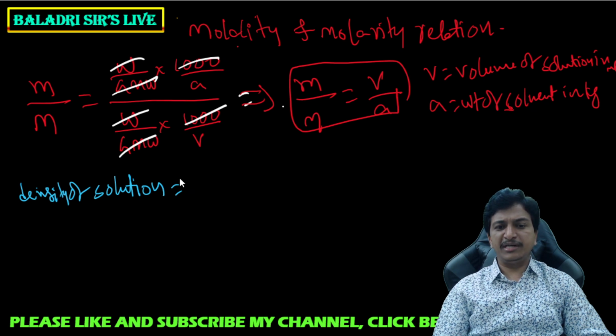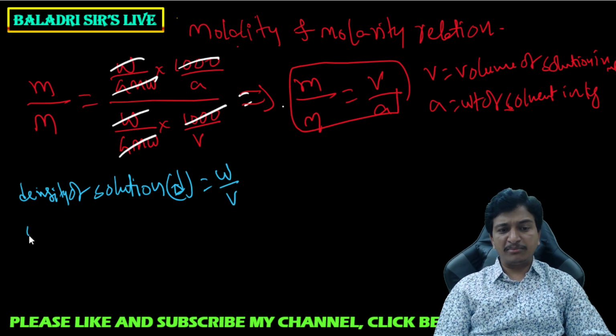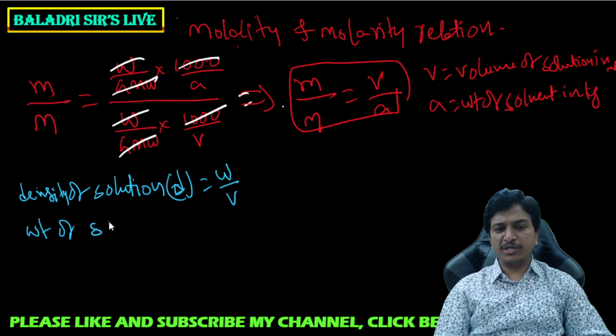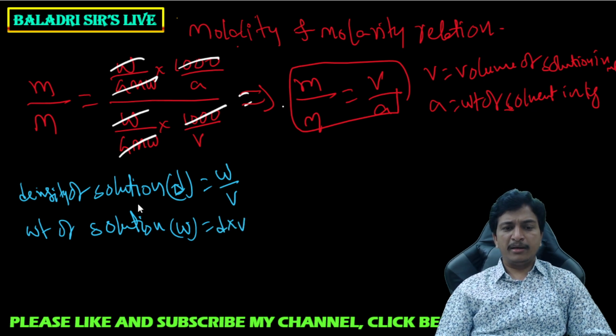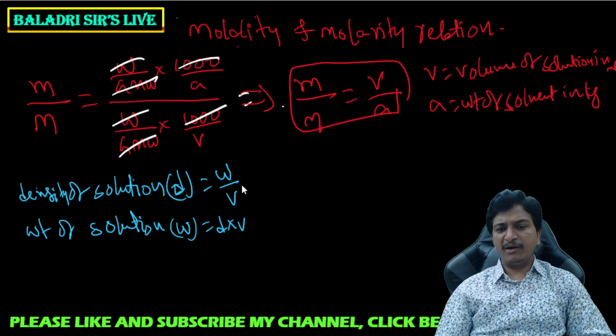Density of solution, D, is equal to weight of solution by volume of solution. Density is W by V. Now from this you can write weight of solution W is equal to density into volume. Density of solution is weight by volume, and from that weight of solution is density into volume.